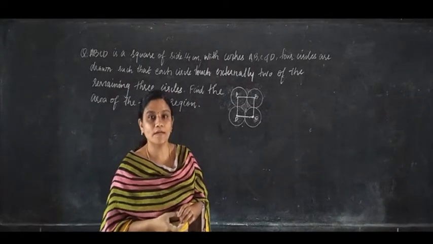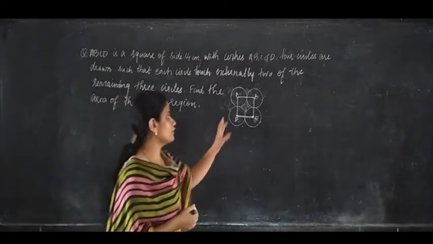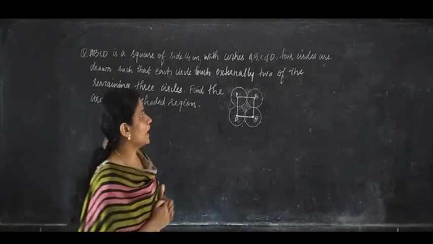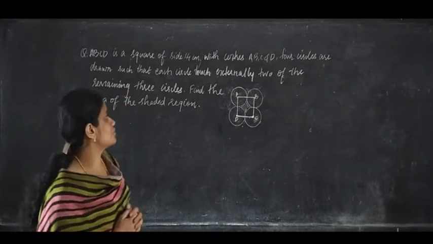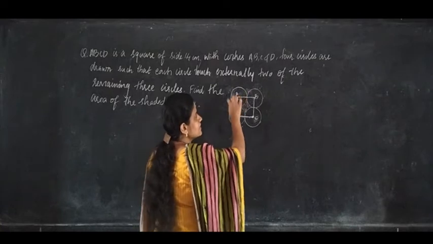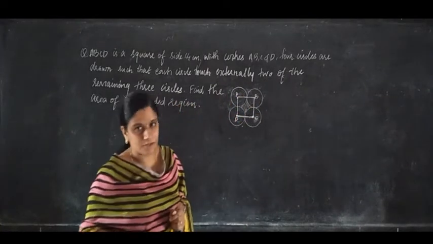Okay, so here what is given to us is ABCD is a square of side 14 centimeter. Each side is equal to 14 centimeter. Now, with centers A, B, C and D, 4 circles are drawn. As I said, with A as center, 1 circle, B as center, the other. Likewise, 4 circles are drawn.